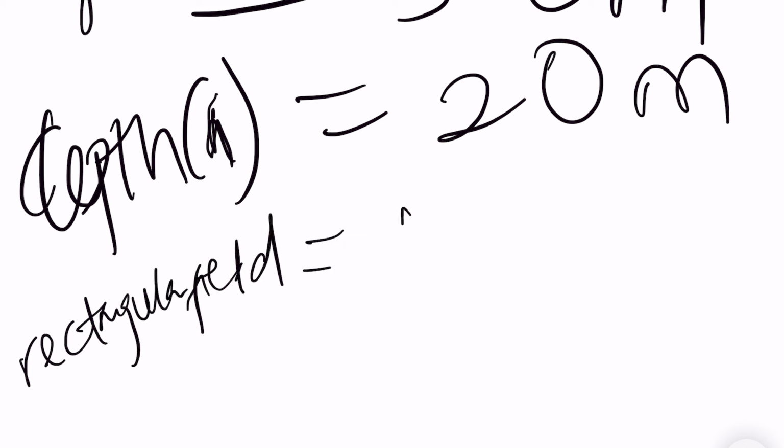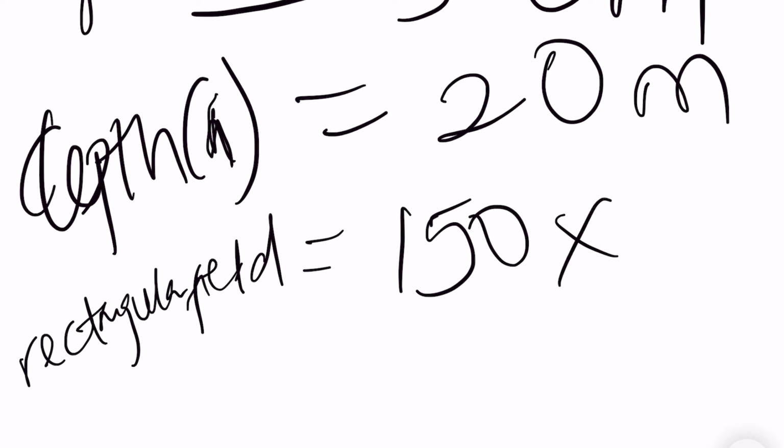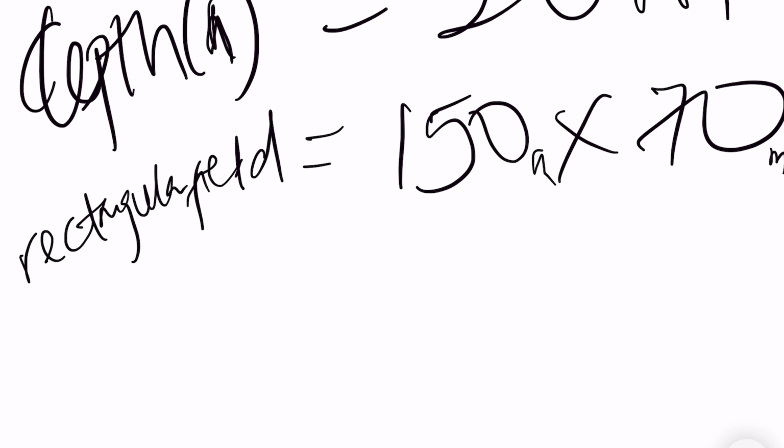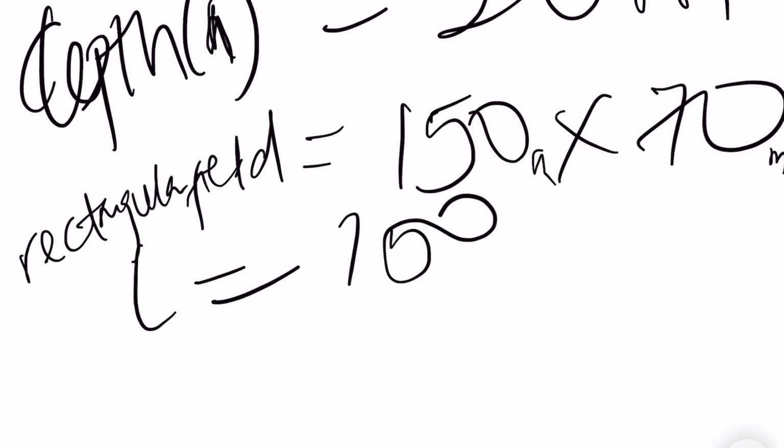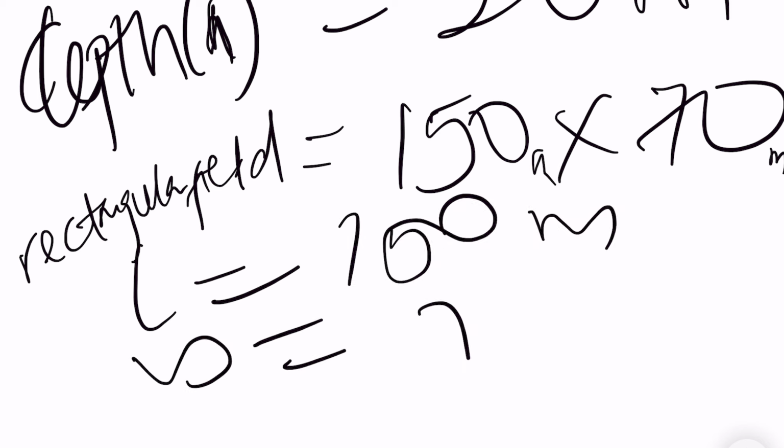We have the rectangular field to be 150 times 70 meters, where our length is 150 meters and the breadth is 70 meters. Now it says, find the height by which the field is raised. Now, to solve this question, what is meant to be done?